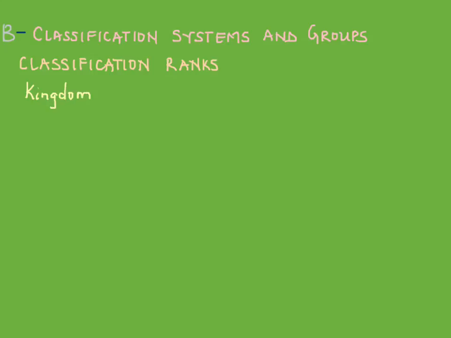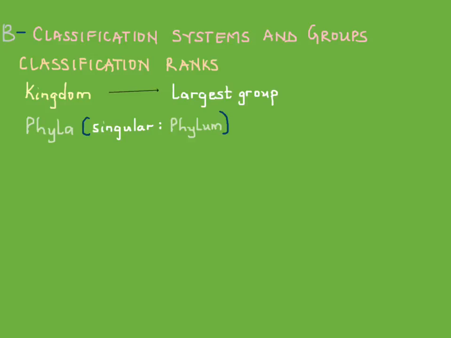A kingdom is the largest group of organisms that biologists recognize. Kingdoms are divided into subgroups called phyla. Many members of each phylum share common characteristics.